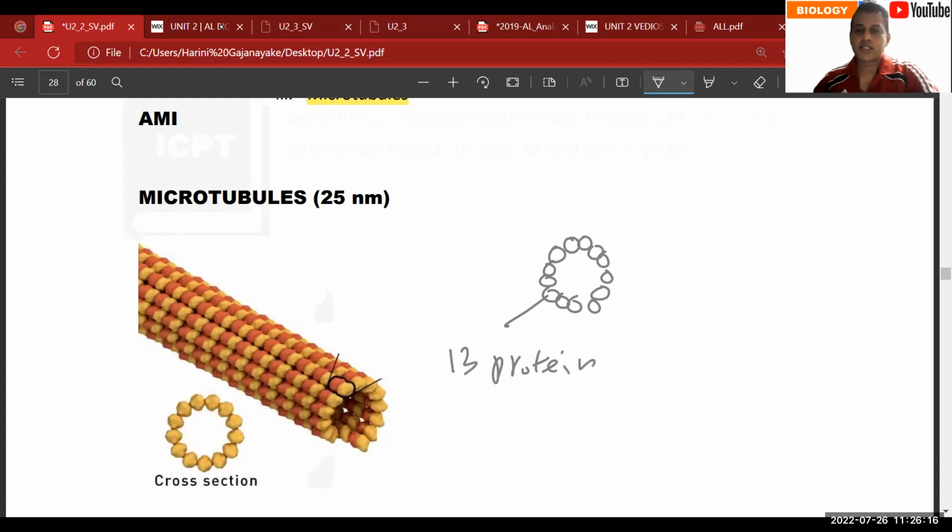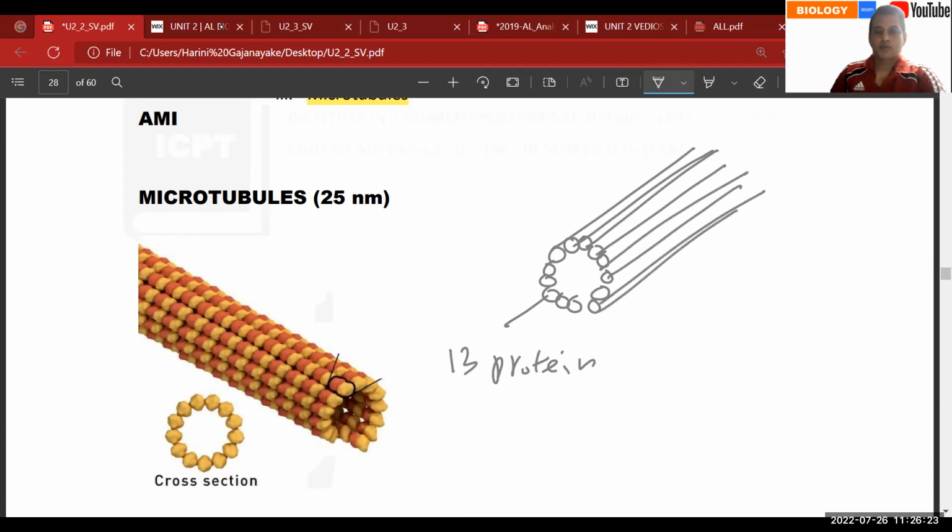And then they extend like this to make the tubes. So inside is empty, and it consists of these 13 protein columns. Another protein, another protein like this, they join together to make this column. And the name of this protein is tubulin.